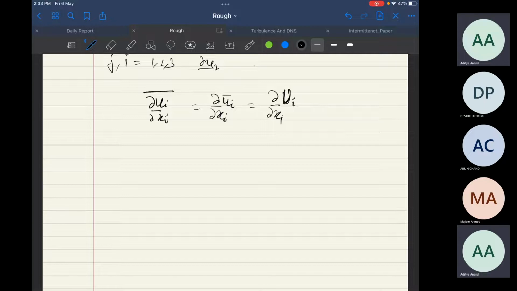So the second term, which is the convective term, is uj del by del xj of ui. Now I can add ui del by del xj of uj to it, because this term as per continuity equation is 0, so I can certainly add 0 to it, and you'll get del by del xj of ui uj.